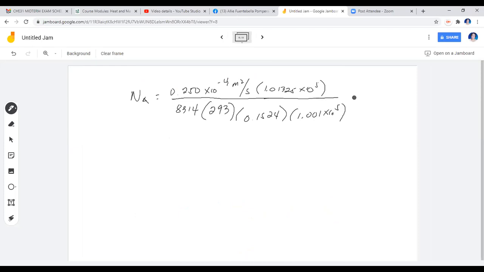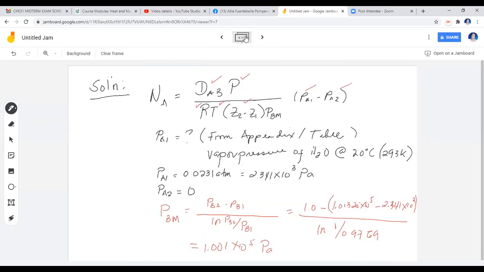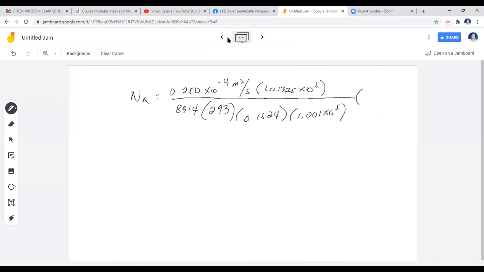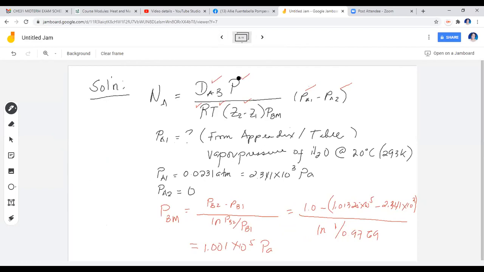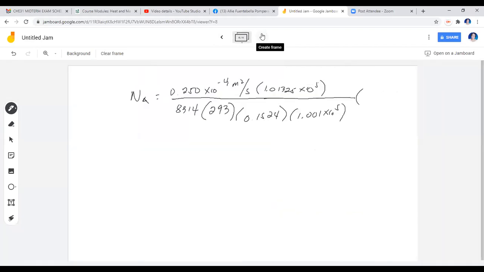Then we are to multiply this by the difference in the pressure. So PA1 is 2341 times 10 raised to 3 minus 0, since PA2 is 0.